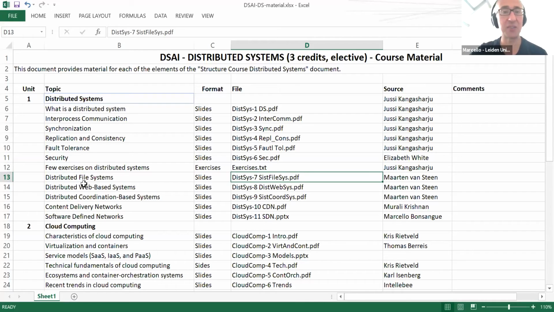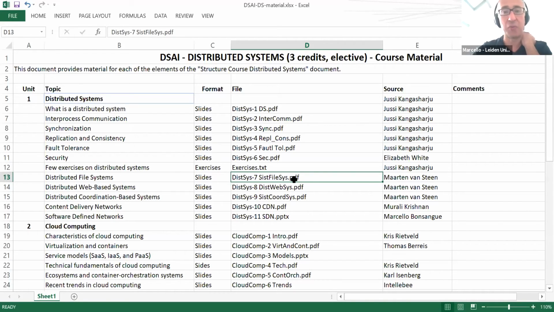Then we have a lecture, this time directly from Martin van Steen, on distributed file systems. That was basically the distributed file system, and the content and software-defined network was what was required in the description.